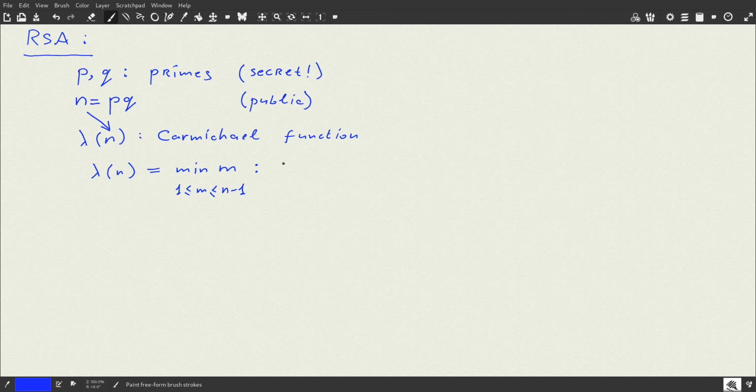for all a, where a, let's say, would be again from 1 to m minus 1, the following property would hold. A to the power of m would be equal to 1 modulo n.